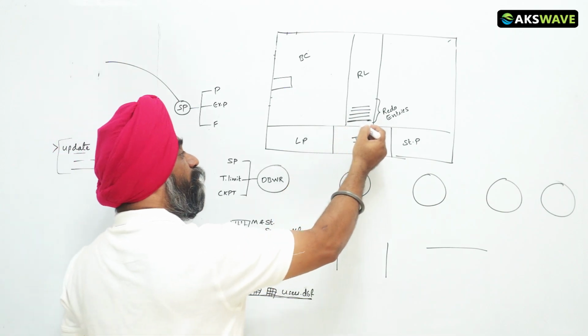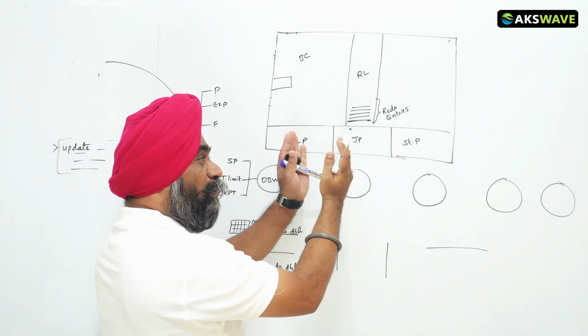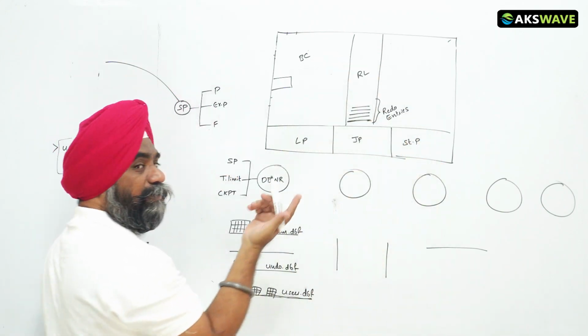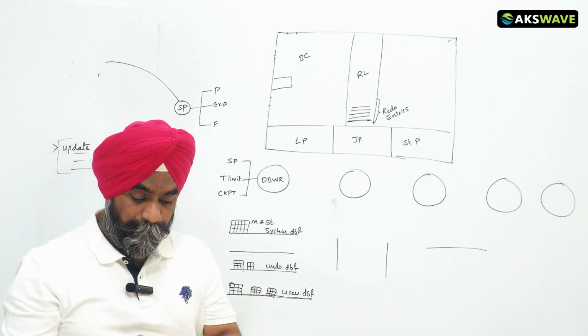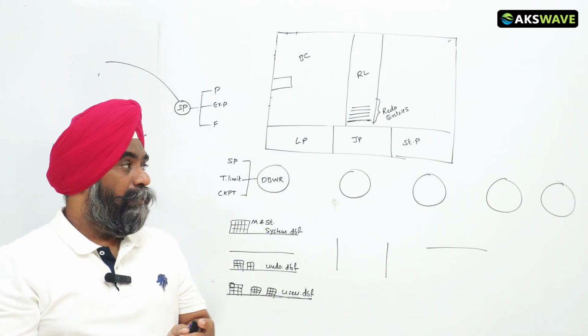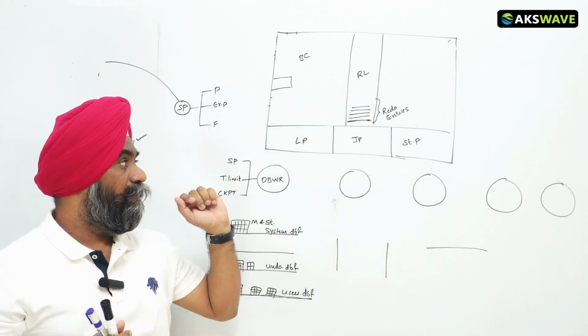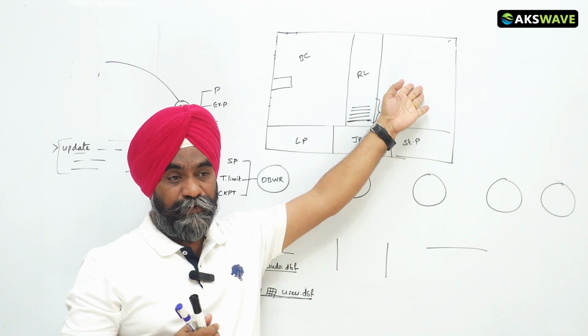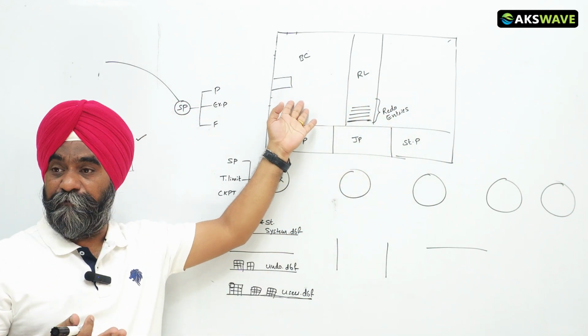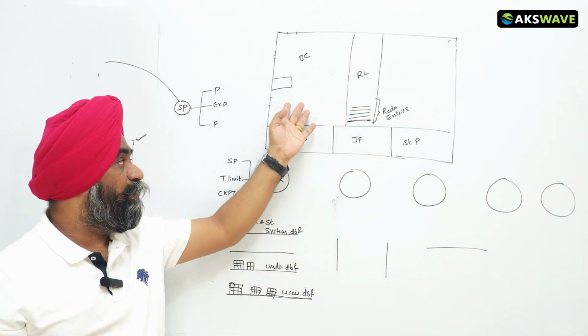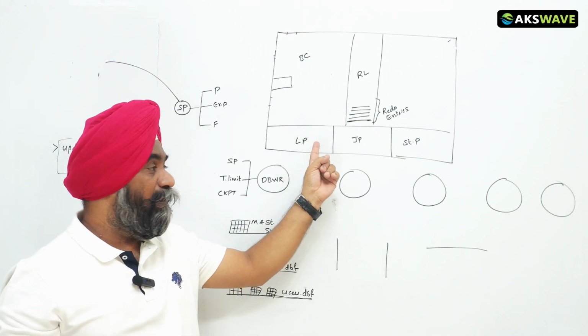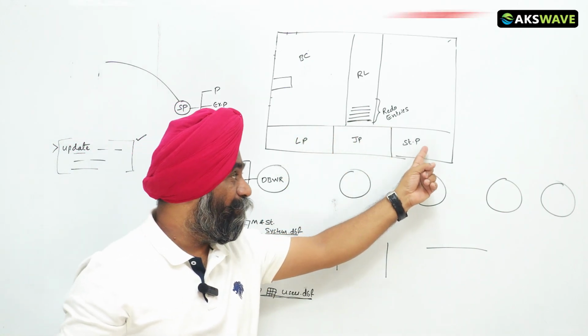Now, redo log buffer is the smallest buffer among all the components. As I told, 10 GB is my SGA. Maybe I'll give 4 GB for shared pool, 5 GB for this, and the remaining 1 GB maybe 400 MB, 400 MB, 100 MB here.